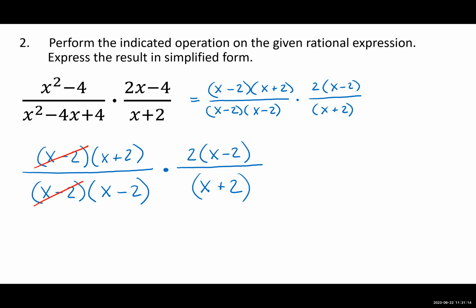So we cancel x minus 2 top and bottom. Then over here, we could use some color coding. I'll use green. This x plus 2, I'm going to cancel with this x plus 2. Multiplication, everything on the top is multiplied together. Everything on the bottom is multiplied together. So you can think about this as one big fraction.